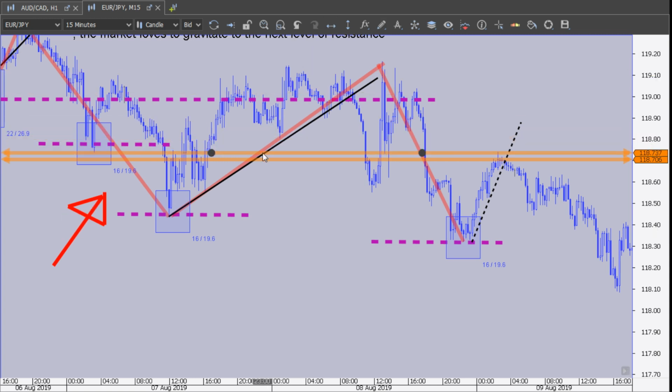Did it touch? High touch? Yes, it touched. See? Here this high connected to this low. They connect, they touched the candlesticks wicks, and the market reversed, and of course it fell down, right?